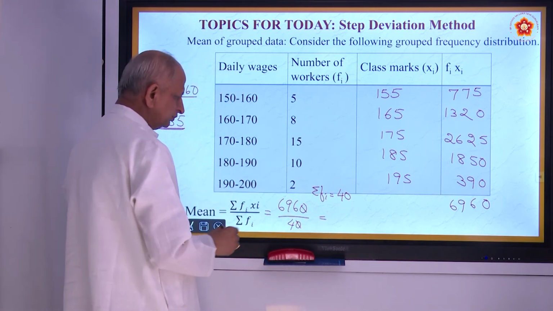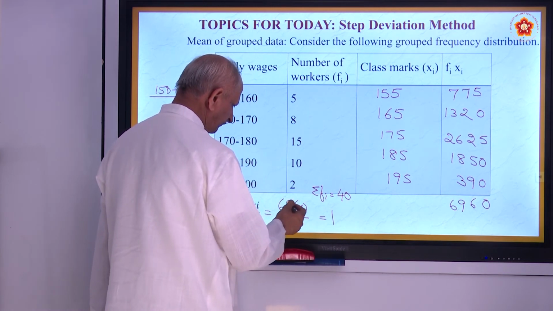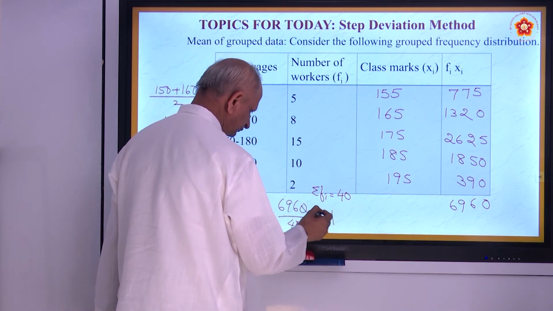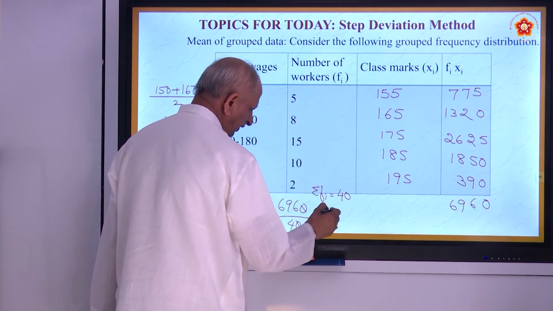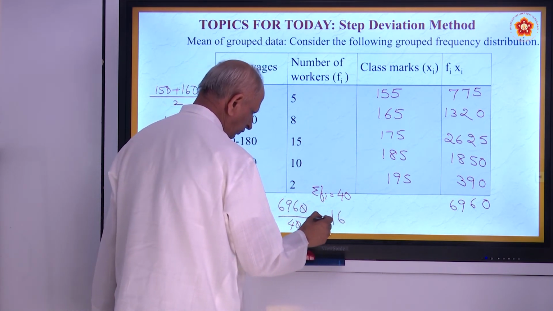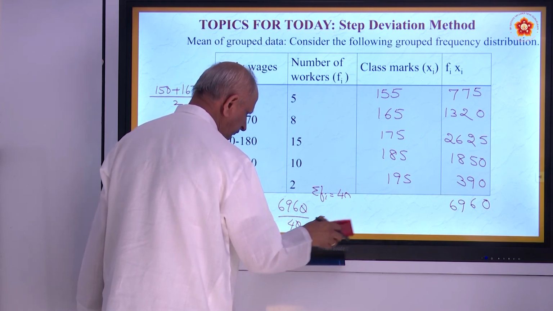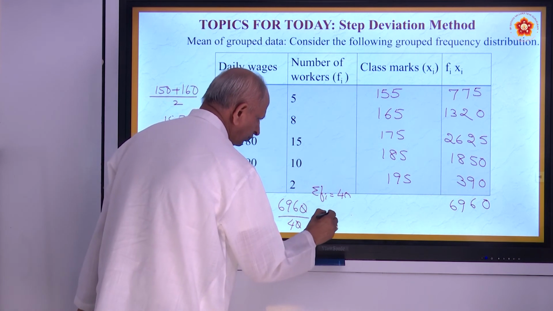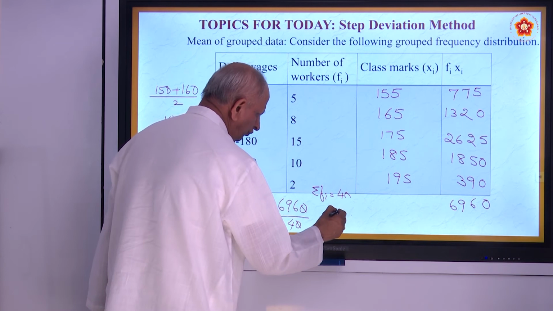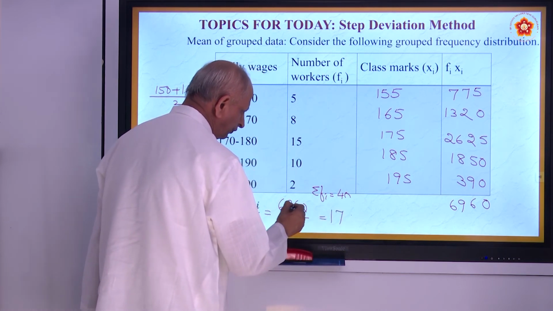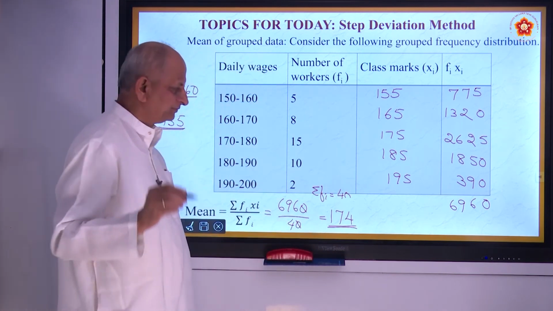It will be equal to 6 1s are 6, 59. 4 1s are 4, 29. 4 7s are 28, 16. 4 4s are 16. Same answer you get.